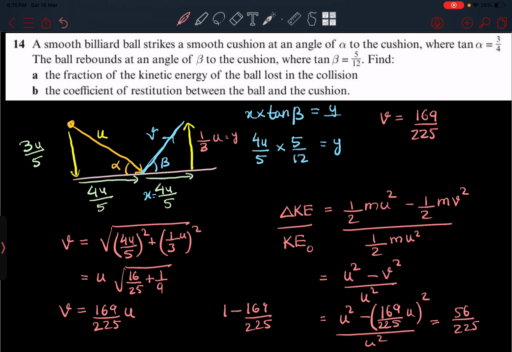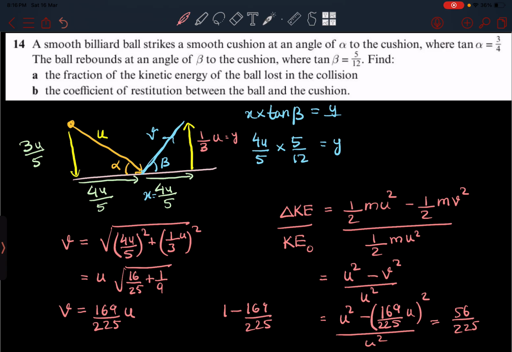So the amount of kinetic energy that has been lost would be 1 minus that. If you don't want to think about it that way, you could just stick to this one, and this should be able to get you there.